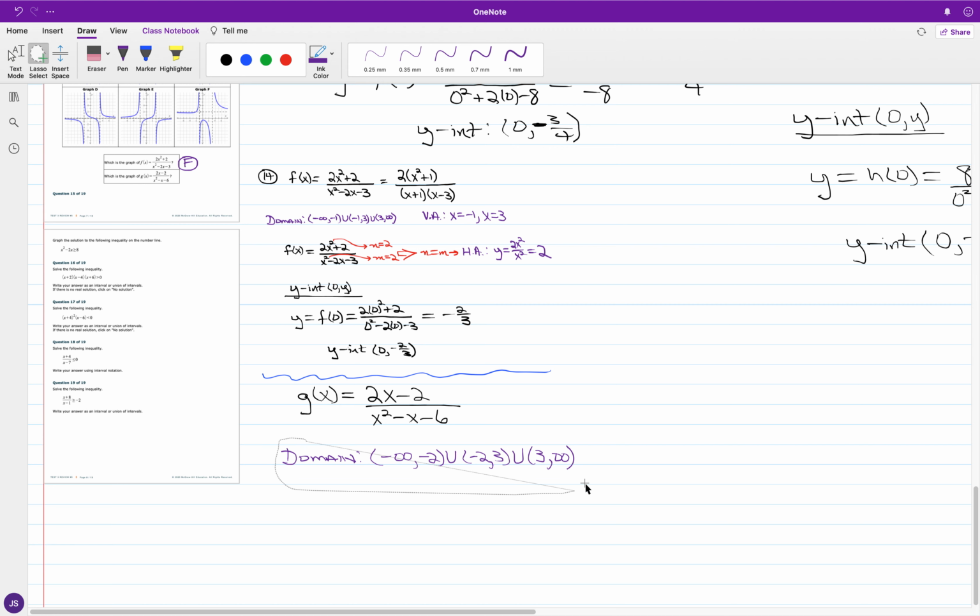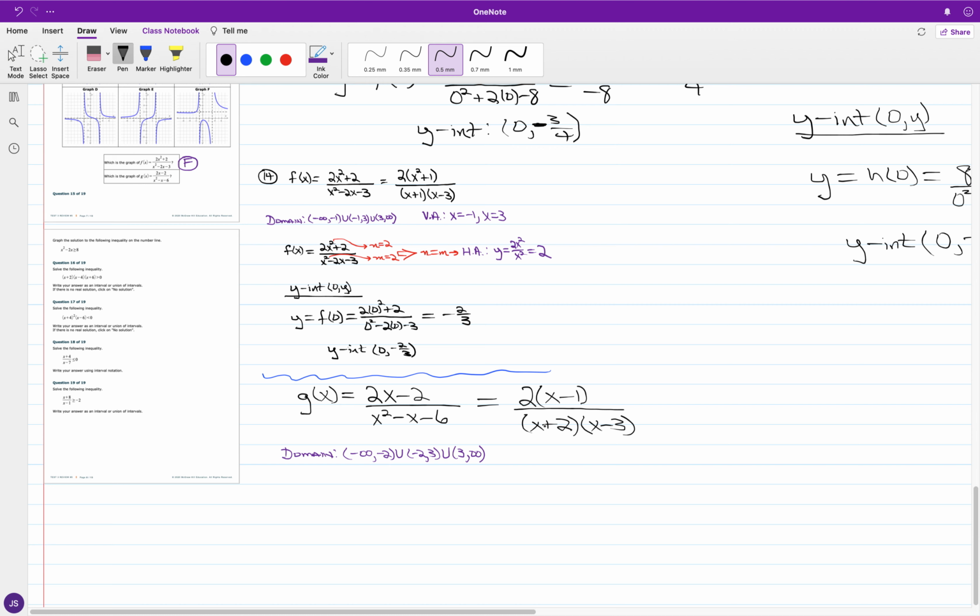Now, in the case of g of x, I'll go ahead and write this out in factored form. For 2x minus 2, this will be 2 times the quantity of x minus 1. For x squared minus x minus 6, the factors will be x plus 2 and x minus 3. Notice that there is no cancellation.